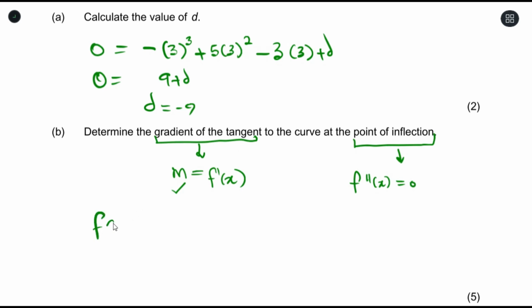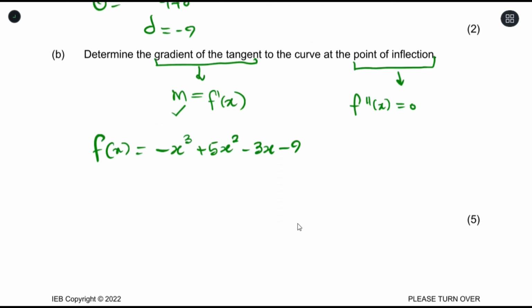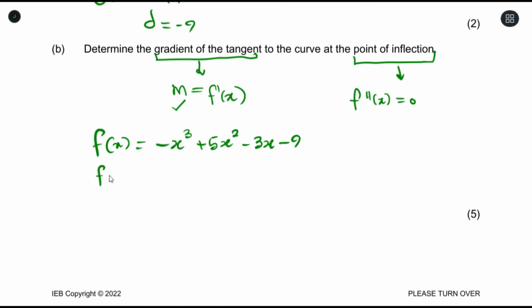So the original f(x) is equal to negative x cubed plus 5x squared minus 3x, and our new d is negative 9. Okay, so getting the derivative, this here is negative 3x squared plus 10x minus 3.